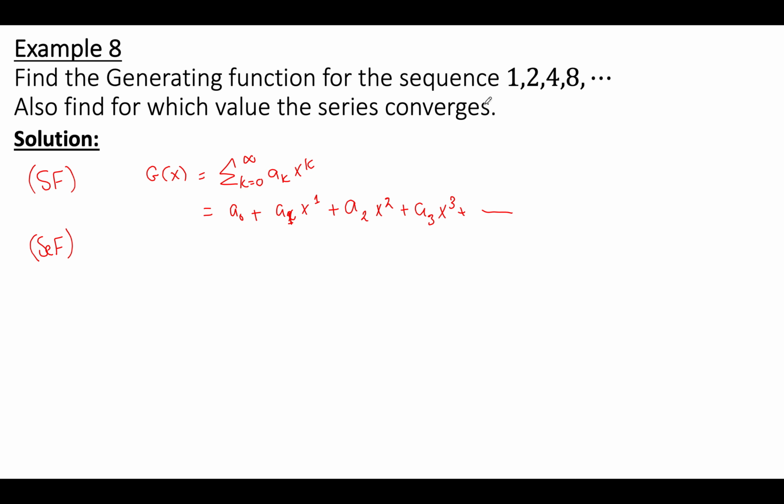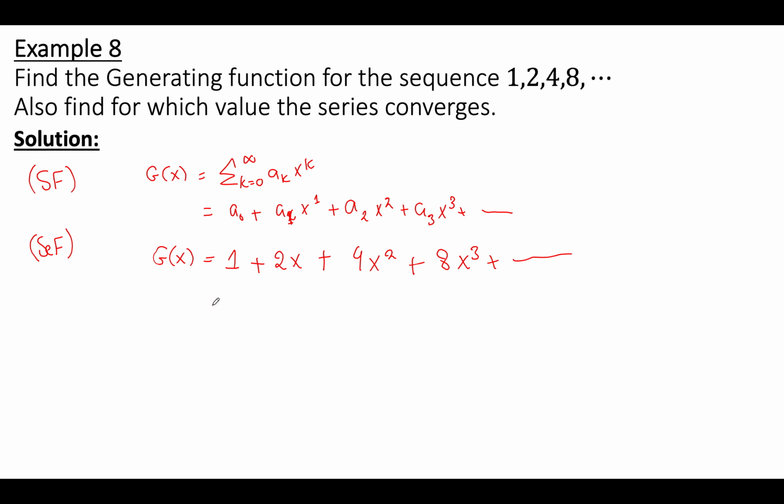So from the sequence I can see that my series form is equal to 1 plus 2x plus 4x squared plus 8x cubed plus so on. Okay, now we saw this example before, and we need just to make a equal in each term.